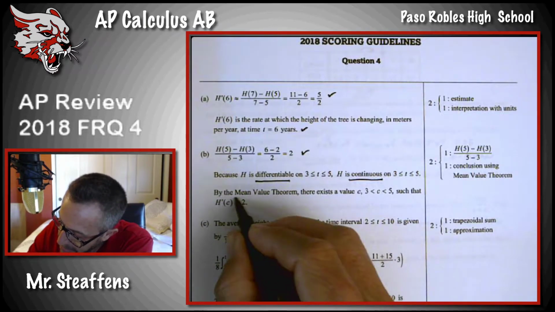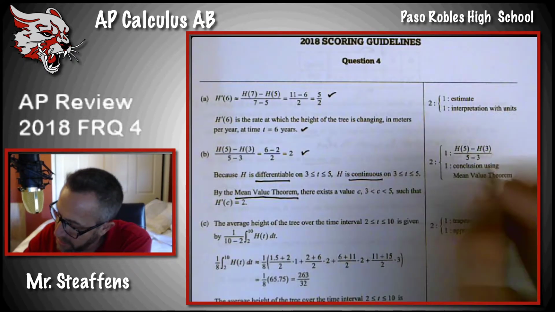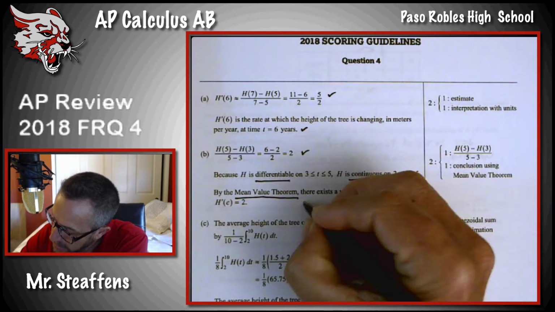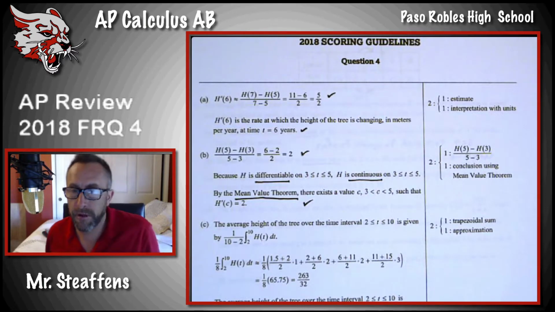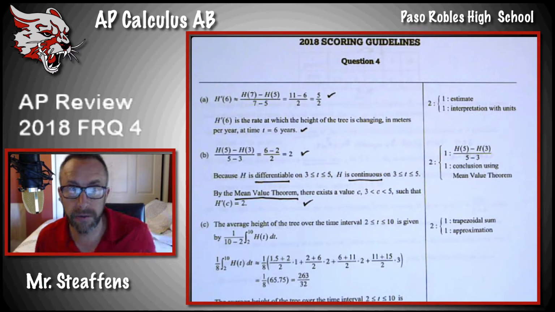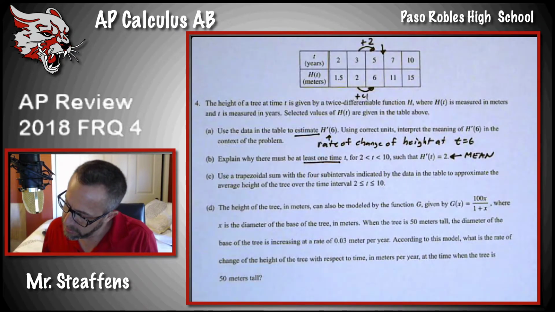Therefore, the mean value theorem, I better use those words, will also have to have one place where h prime of c is 2. So if I stated all of that, I get the second point. You got to state it's differentiable and it's continuous. Okay? It's part of the problem. Whoa, hit the computer. All right. Let's go to part C. Killing this thing right now.